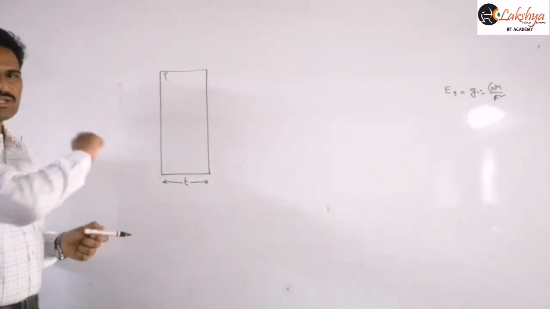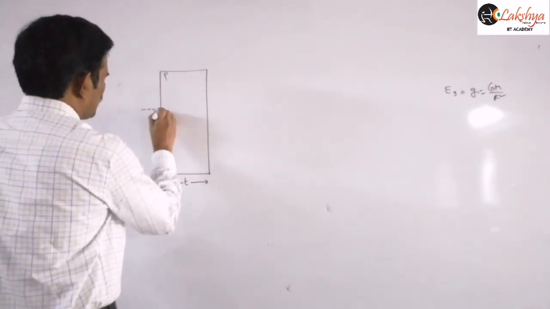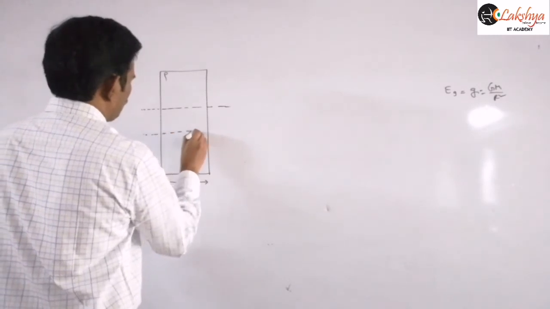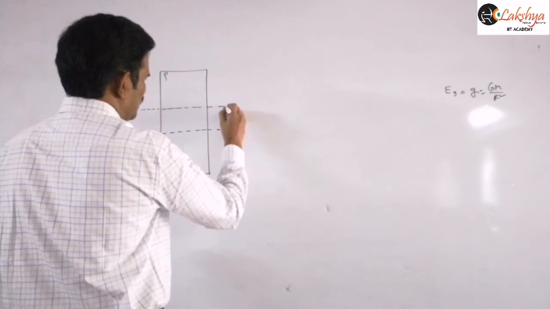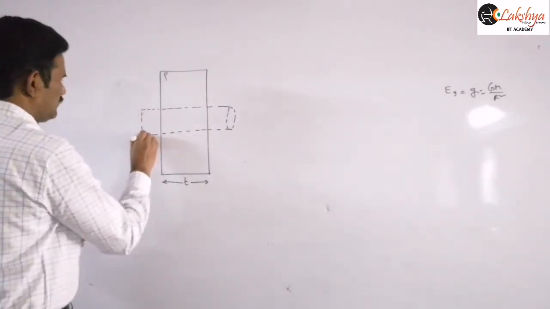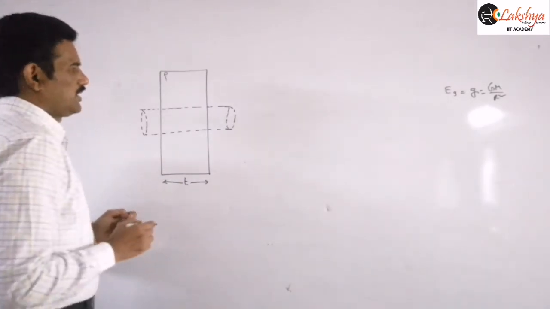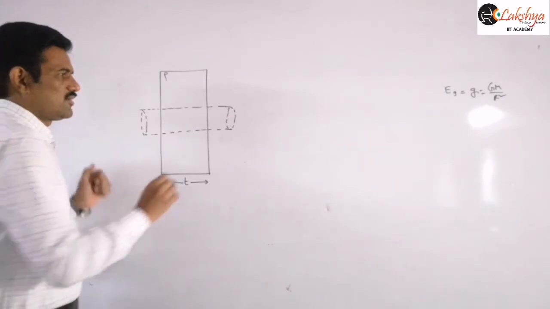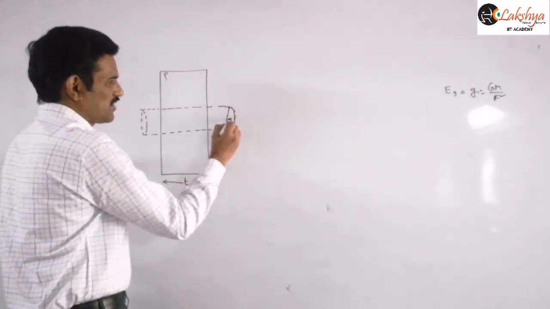How do we take the Gaussian surface? We take the Gaussian surface in the form of a cylinder, like this. Now we need to do the flux calculation, and before that, let us identify the direction of the gravitational field.